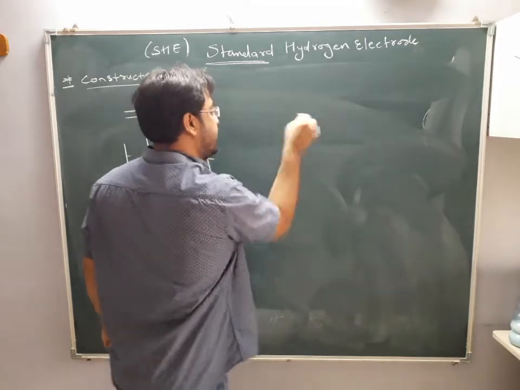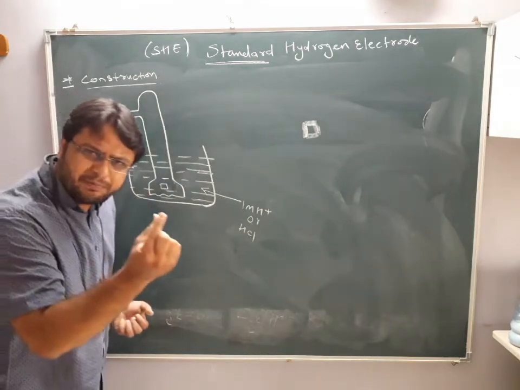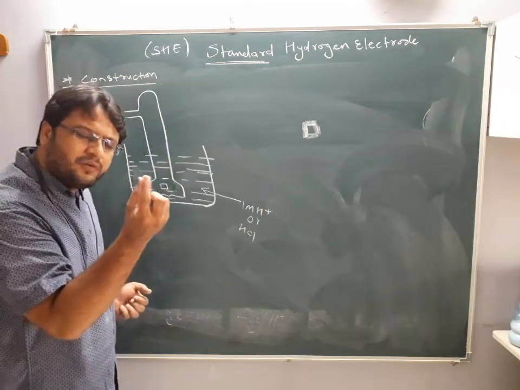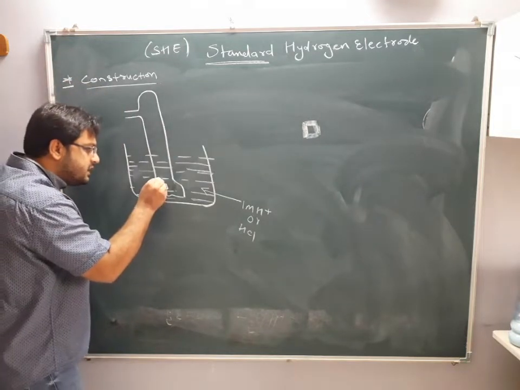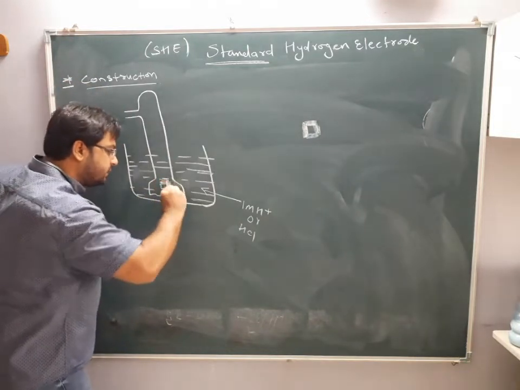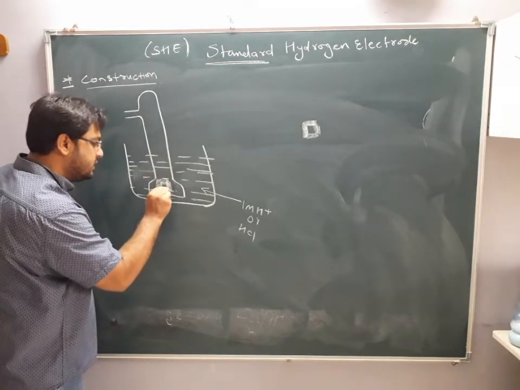You can take a small piece of platinum, and that platinum piece is coated with platinum black. So I am coating this. Clear this part?